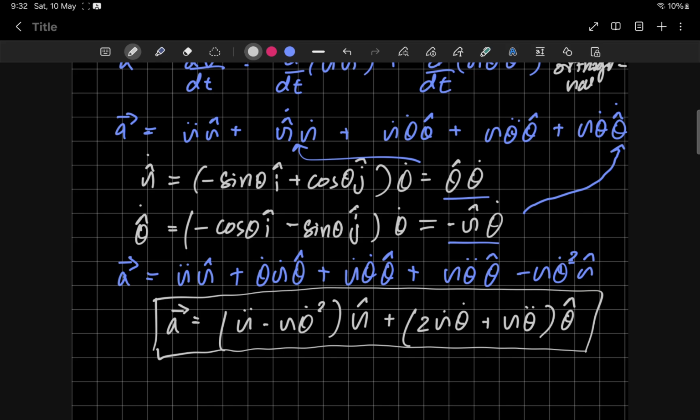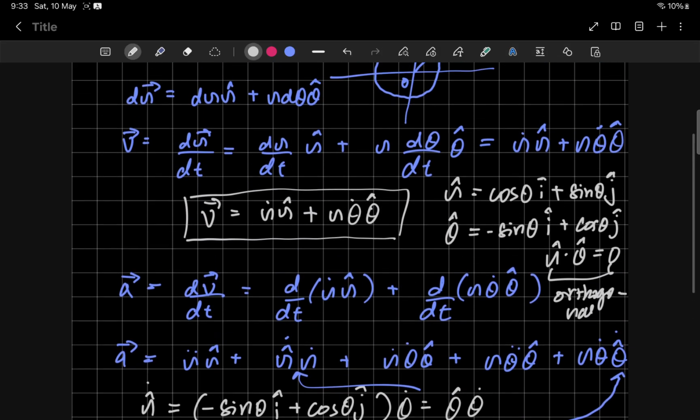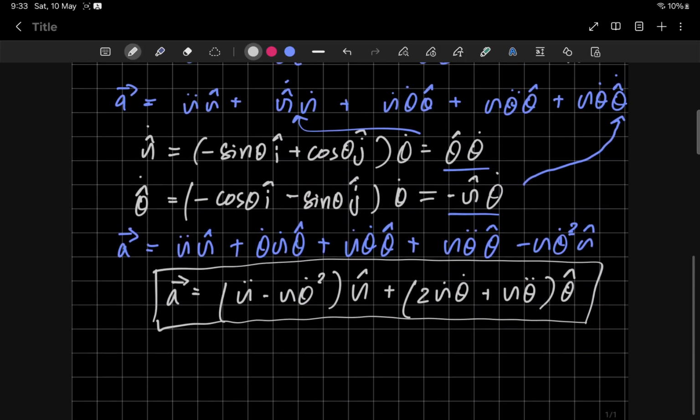The direct application of this, as I was saying in the last lectures, is central forces. By central forces, I mean the motion of celestial bodies. Central forces generally have a few properties: they act along the line joining two bodies, and their magnitudes depend on the distance between the two bodies.